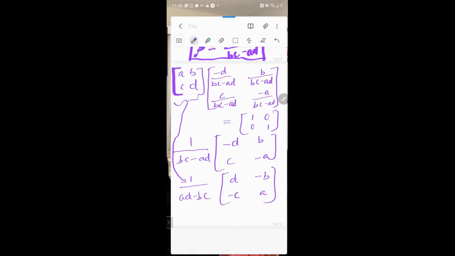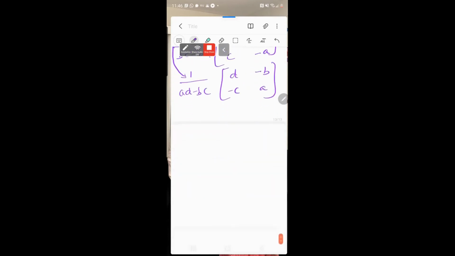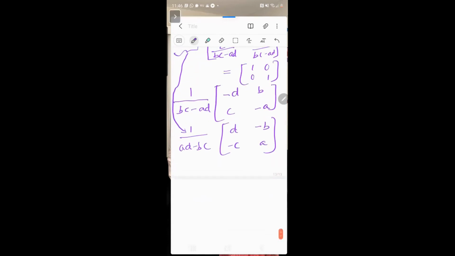That's what it ended up being. I'll just introduce one more concept before we go any further. But first, is this clear? So this is all a matrix inverse is.